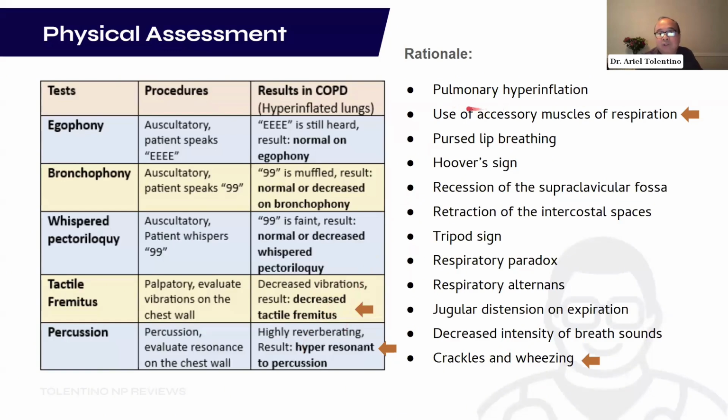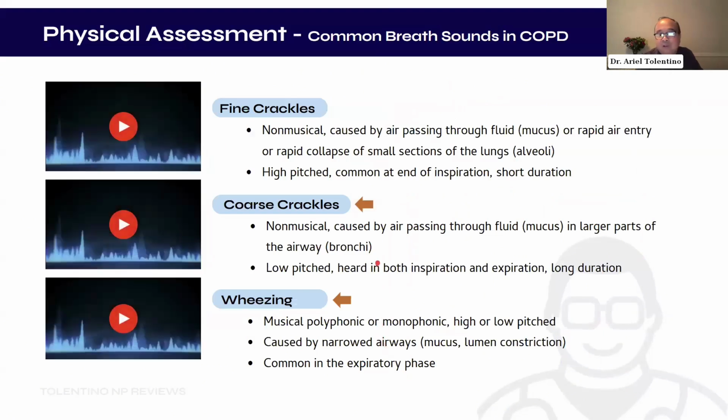Further rationale would point to the use of accessory muscles of respiration, and of course, you found crackles and wheezing. Now, evaluating the auscultatory sounds, we found both coarse crackles and wheezing. And as we again play coarse crackles, just to revisit that as a review.